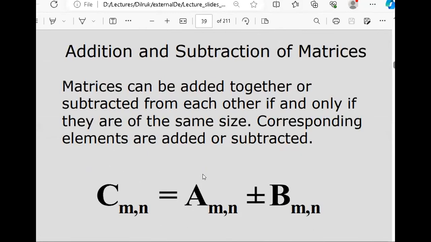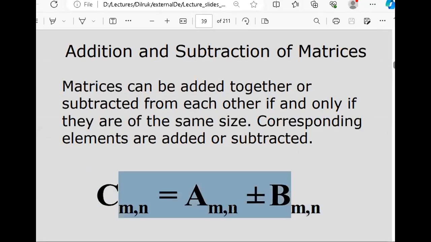You can operate on matrices, right? Let's add. When you add two matrices, you get another matrix with the same dimension. Look at the dimension. When you add these two matrices, make sure that the dimensions match each other.